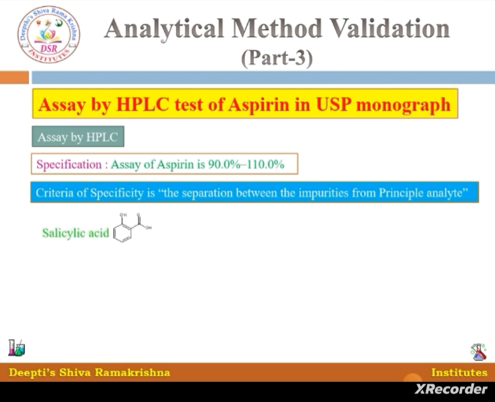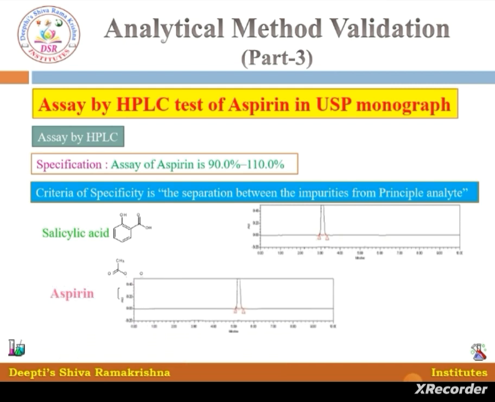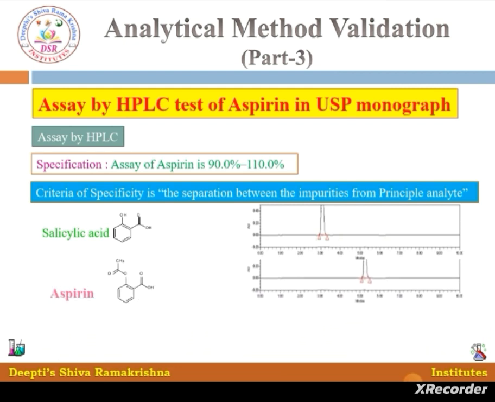To prove this specificity, we need to prepare an individual solution of salicylic acid and inject it into the HPLC. Next, we prepare an individual aspirin solution and inject it in the specified method of analysis. By comparing these two chromatograms, since the retention times are different from each other, we can easily separate them.